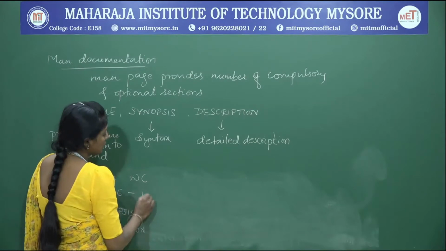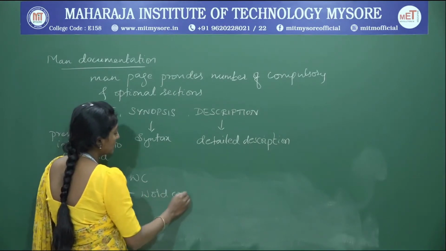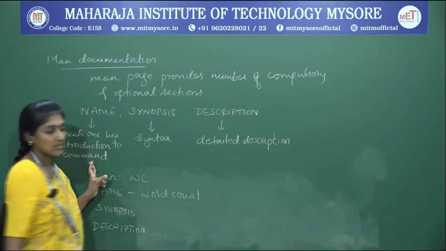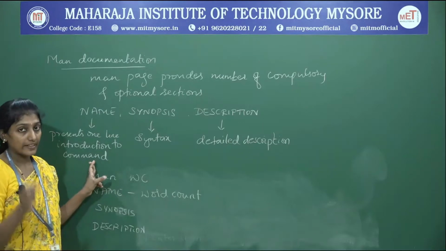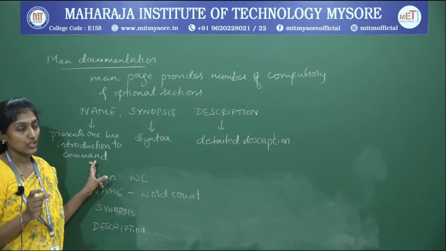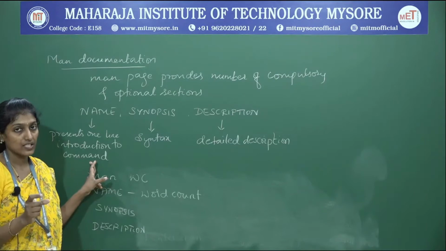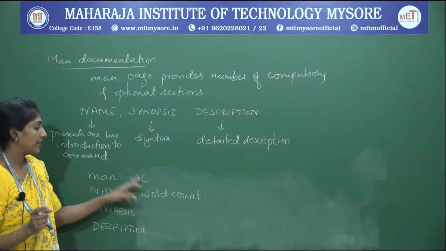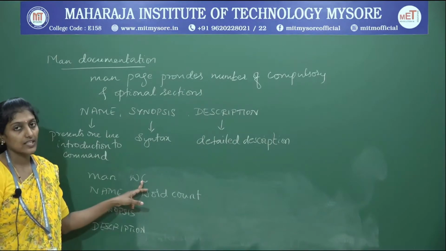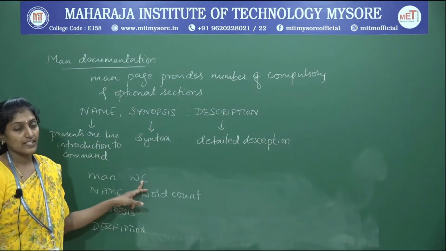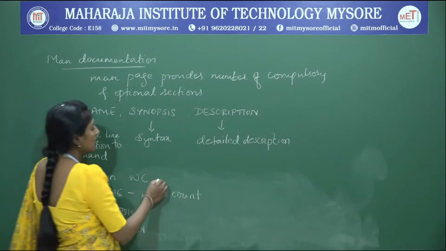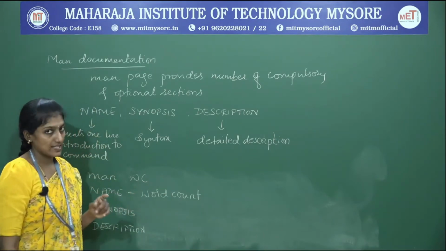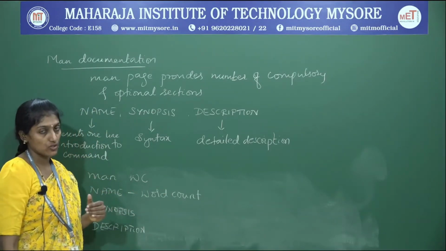So what is this command? This command is all about counting the number of words, the word count, and it includes the number of lines, number of words, and number of characters. These three pieces of information will be provided if you execute this wc command. This wc command accepts arguments, and it also has a few options.